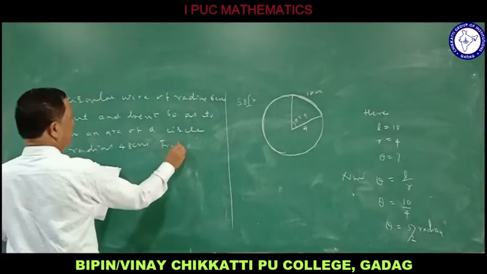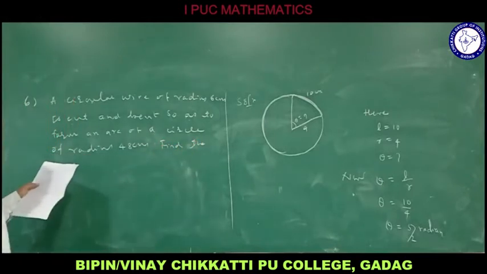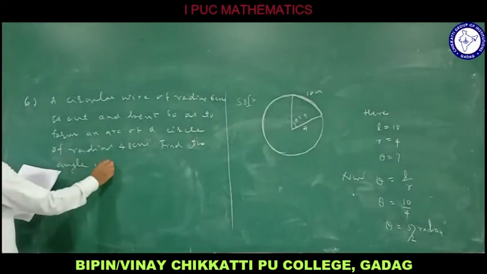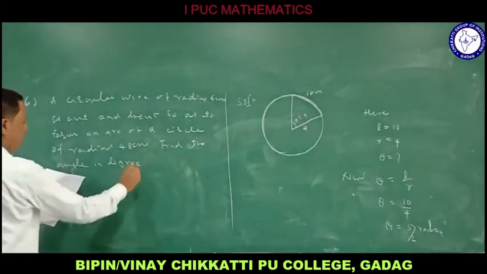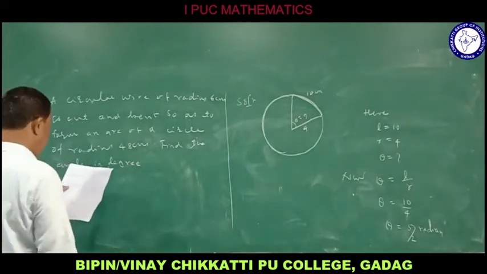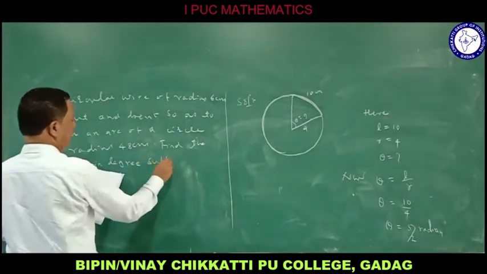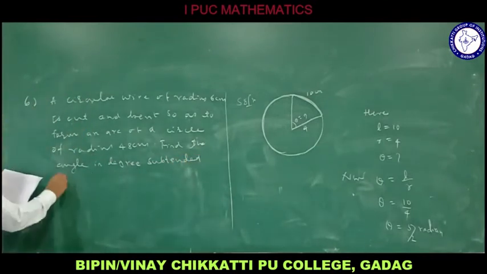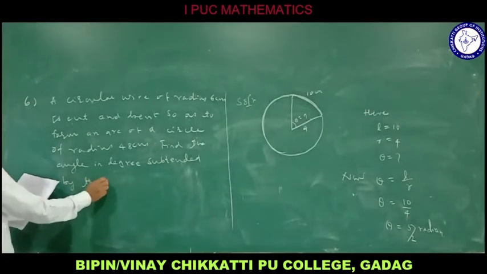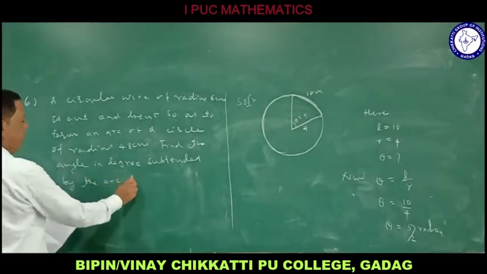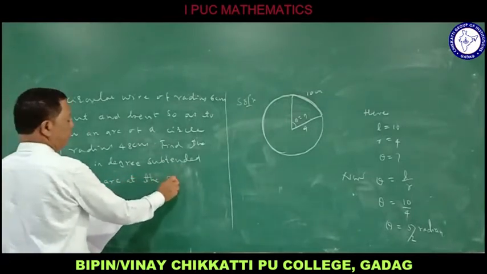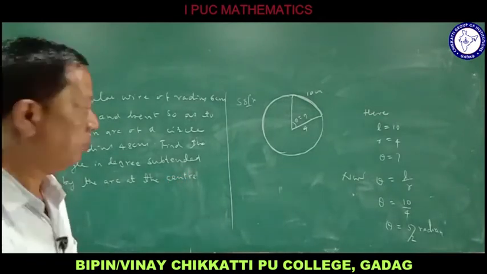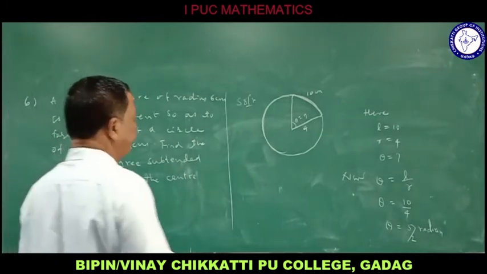Find the angle in degree subtended by the arc at the center. See, it is somewhat different. You see how this can be done.